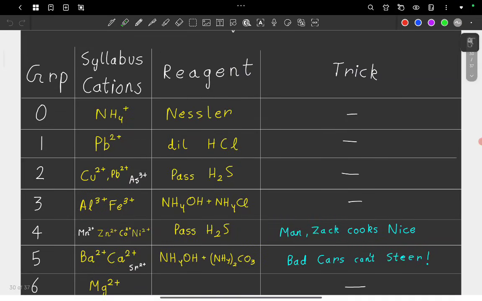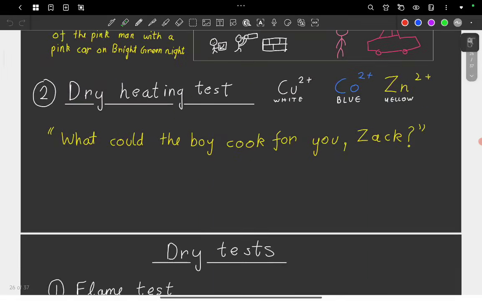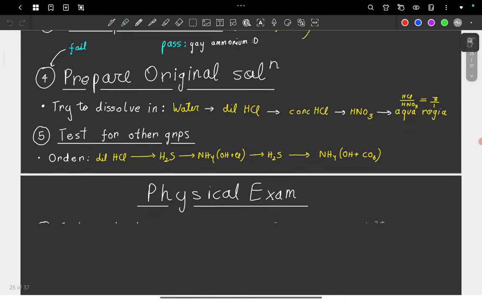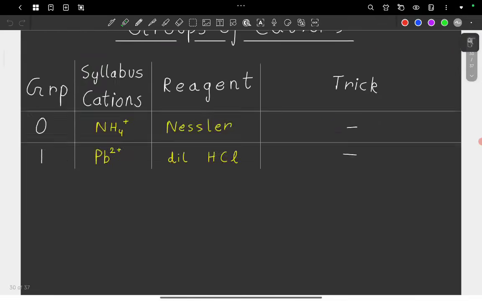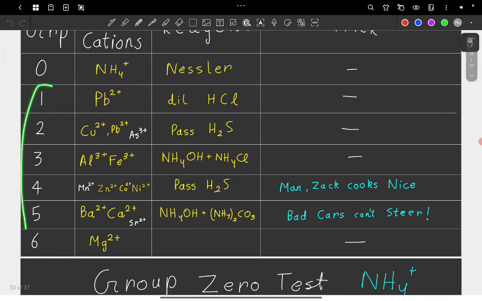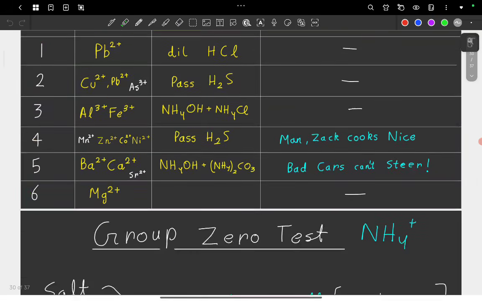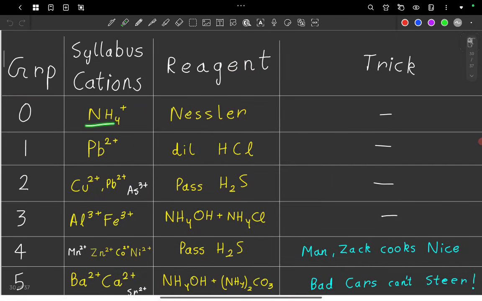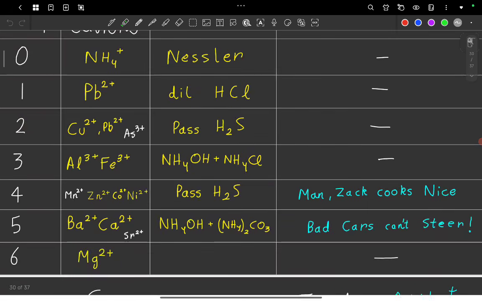But yeah. Basically, if you remember, I told you that you have to test for ammonia first, and this is why it is called group 0, because before any of this begins you have to test for ammonia. Get done with the non-metals first and then move on to the metals. How you test for ammonia we will learn, but first you test for ammonia and then you prepare your original solution.